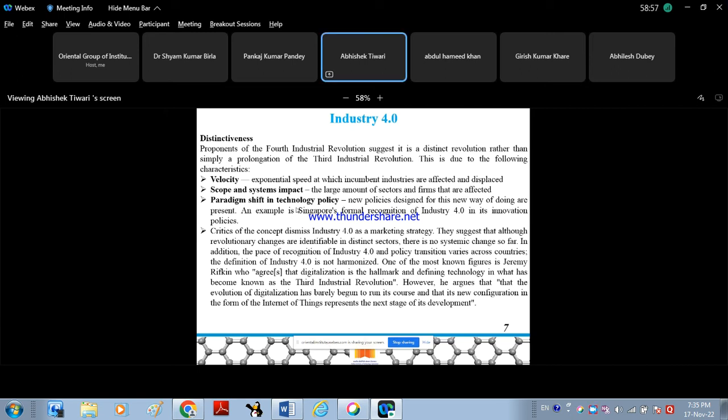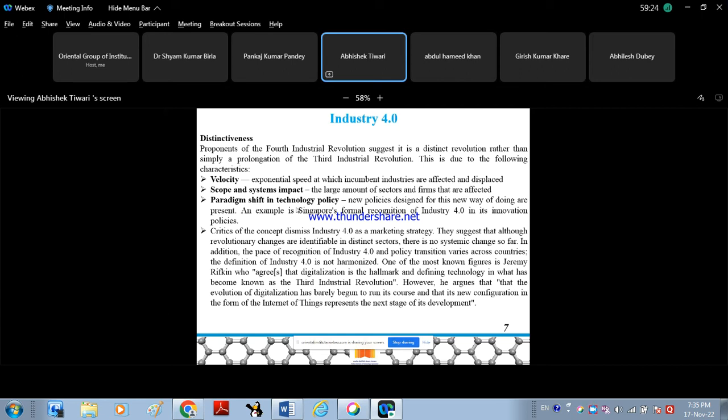So a large number of sectors and firms are affected, and there is a paradigm shift in technology policy. New policies designed for this new way of doing are present. An example is Singapore's formal recognition of Industry 4.0 in its innovation policies. And in fact, Germany was the first country which introduced a technological policy on Industry 4.0.